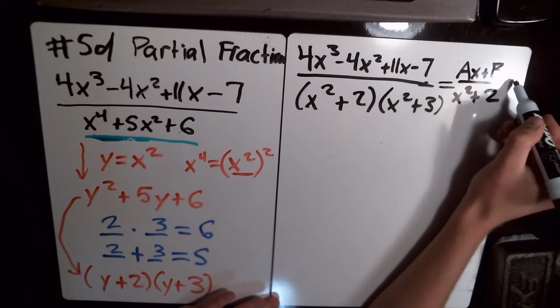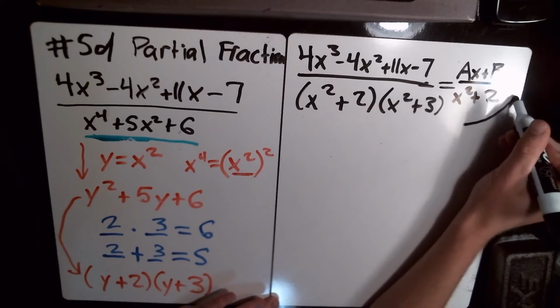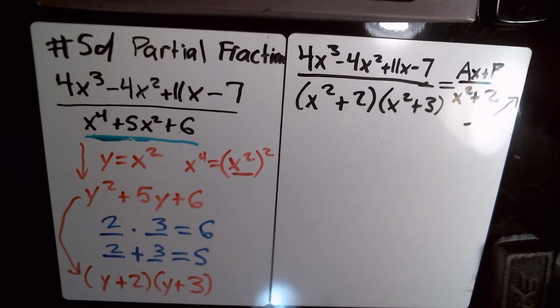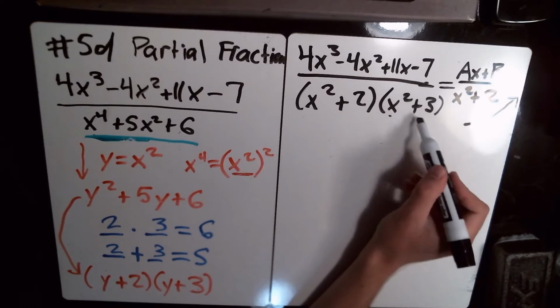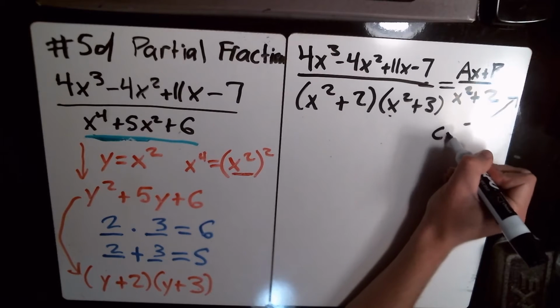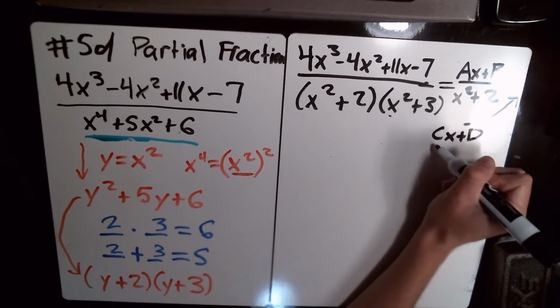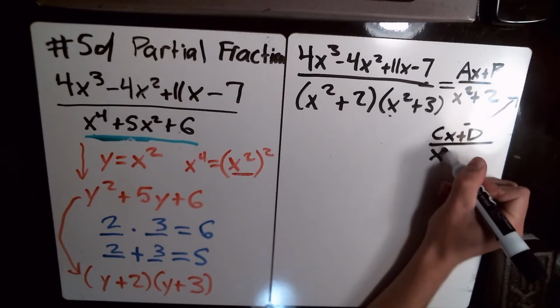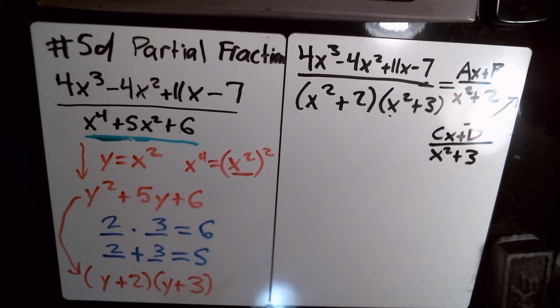Okay, and then we've got to add on our second factor, x squared plus 3. It's quadratic and it doesn't factor, so we'd have cx plus d over x squared plus 3. Okay? Sorry, running out of space there.